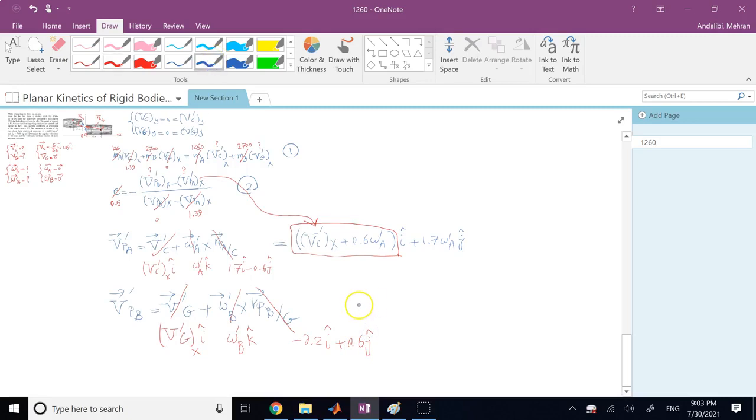And again, if you carry out the cross product, you will get K cross J, which is negative I, so you will get V prime GX, and then minus 0.6 omega prime B, this whole thing times I, and then K cross I is J, but there is a negative, so it's negative 3.2 omega prime B J. And again, here, if you look, the component that you need here is the x component of PB, which is this guy here.